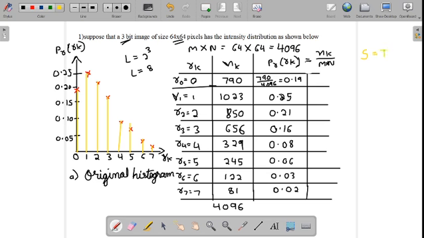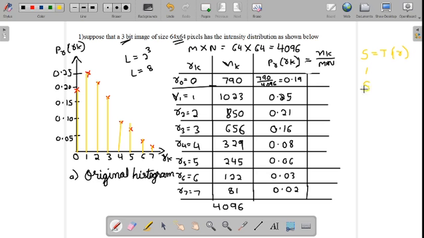How do you get S? By applying some transformation on the input values, which is R. So this is your basic intensity transformation. Now there are 7 values, and those intensity values have to be transformed. So instead of S, you take sk.